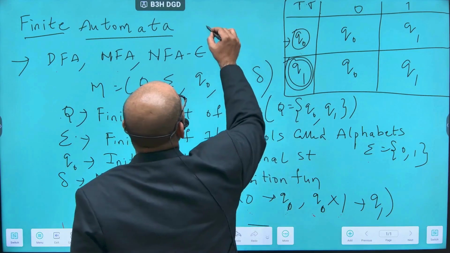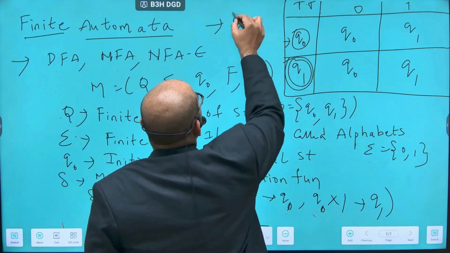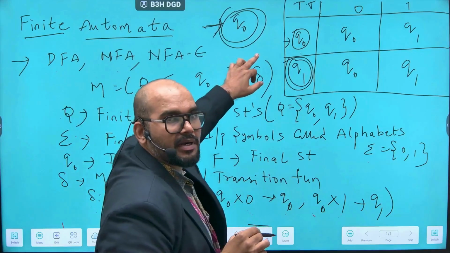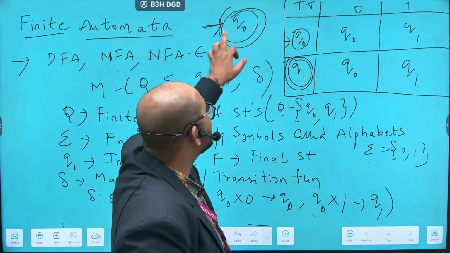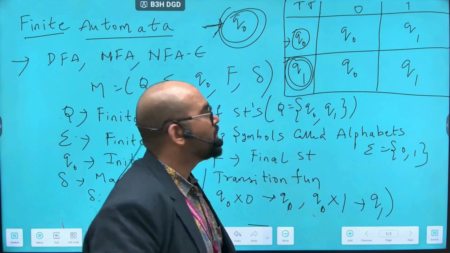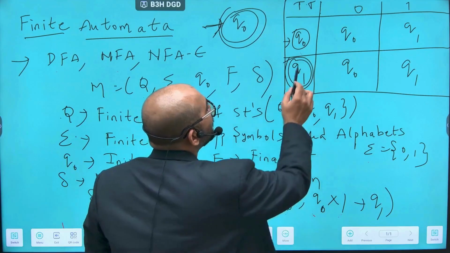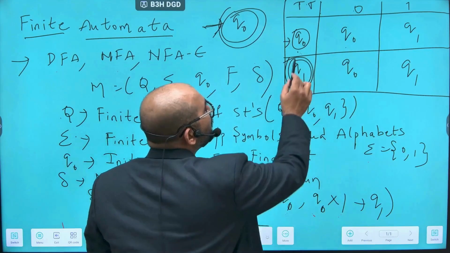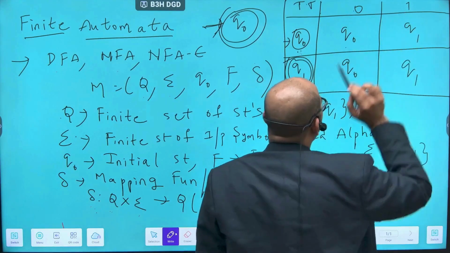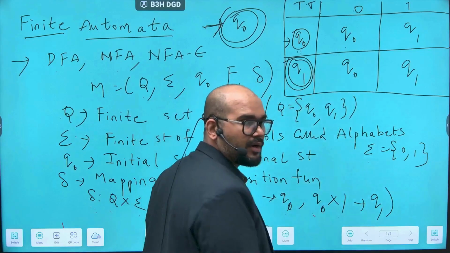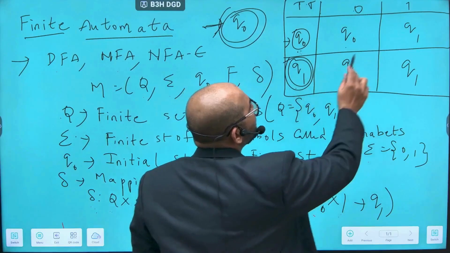In that case, we represent it like this. This arrow represents that this particular state is the initial state, and this double circle shows that it is a final state too. So for the previous example, q0 with input symbol 0 moves to q0, q0 with input symbol 1 moves to q1, q1 with input symbol 0 moves to q0, and q1 with input symbol 1 moves to q1.